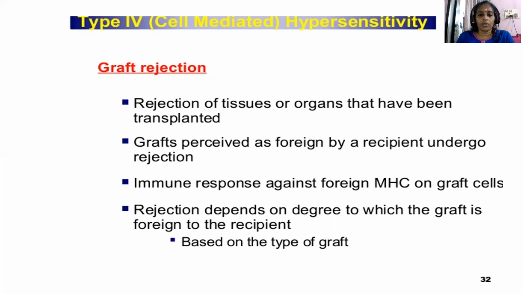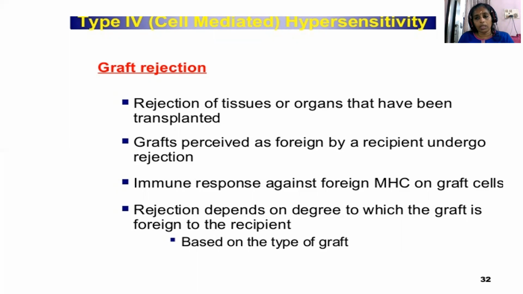So next is graft rejection. This is again a cell-mediated hypersensitivity reaction. We all know that recently much medical advance is taking place due to transplantation therapies. Transplantation means taking organs from other individuals, or replacing body parts with our own body parts, or it can be taken from some other unrelated species.